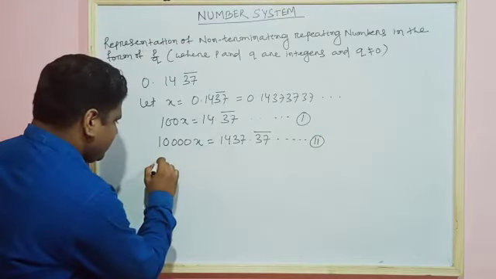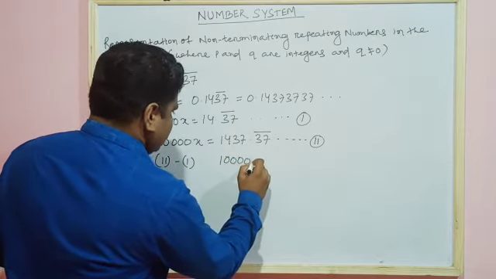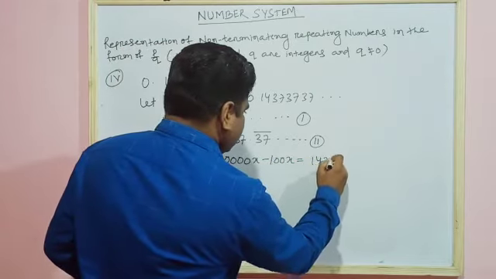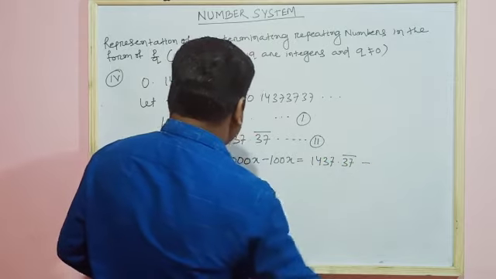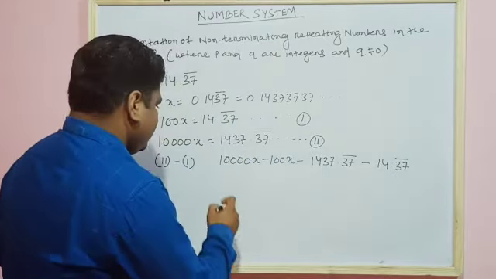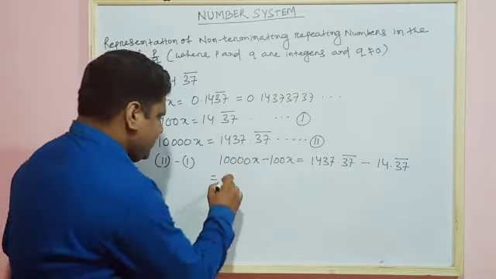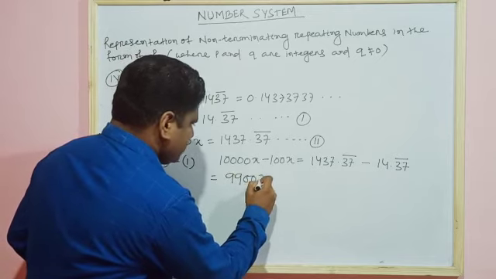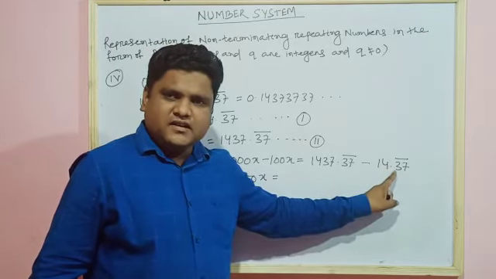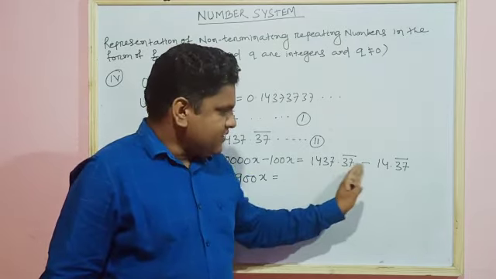Now subtract equation 1 from equation 2. It will be 10,000x minus 100x equal to 1437.37 bar minus 14.37 bar. 10,000 minus 100, it will be 9900x equal to, after the decimal, the same number of digits are repeated and the digits are also the same, so we can remove the part after the decimal.